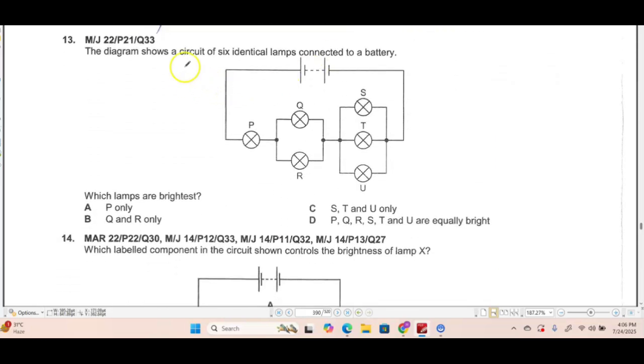Question number 13. The diagram shows a circuit of 6 identical lamps connected to a battery. Which lamps are the brightest? If you can see, there are 2 lamps connected parallel to each other and then 3 lamps connected parallel to each other, and we know that the lamp acts as a resistor.